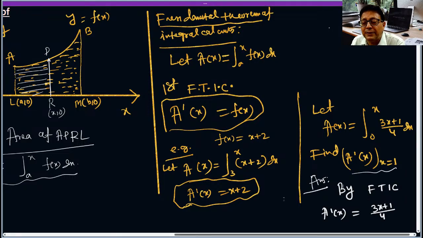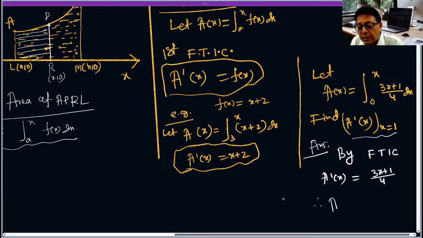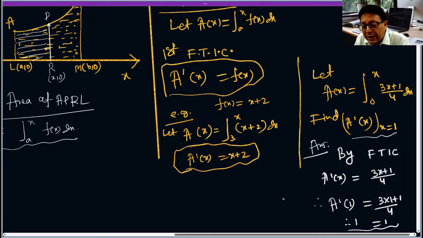Find the value of A'(x) at x equal to 1. So A'(1) will be 3 into 1 plus 1 by 4. Answer is 1. Clear? We got the value of A'(1), that is the derivative of the area function at x equal to 1.